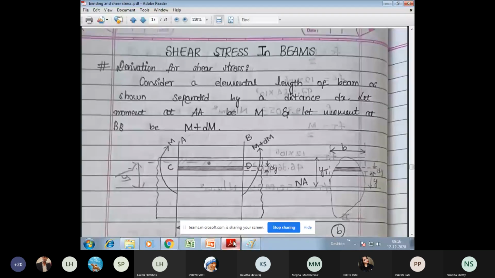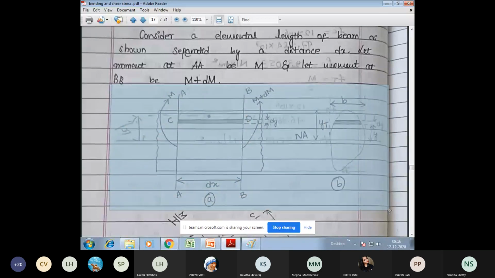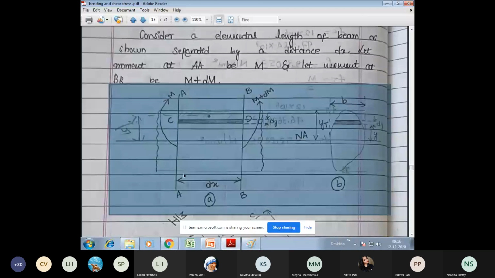Okay. So this is a derivation of shear stress. Consider an element length of beam as shown, separated by a distance dx. So before I read this, let me explain this diagram to you. Please concentrate on this entire diagram. Now let's take a beam, a longitudinal section of the beam, and let's take two cut sections AA and BB.